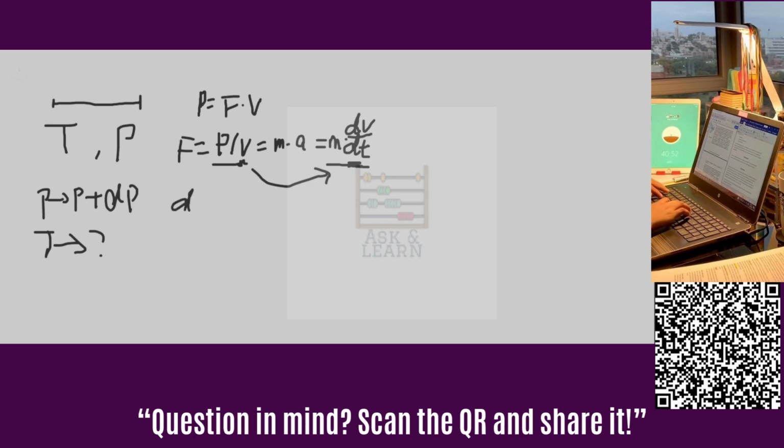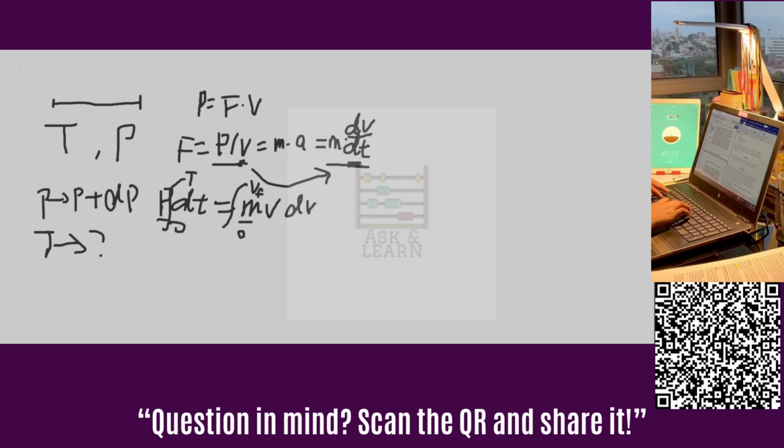And now come back to this relation, P over v equals m times dv over dt. Then we can move the v from the left hand side to the right hand side, and move this dt to the left hand side. Then we have the relation P times dt equals m v dv, right? In this relation, P is a constant and m is a constant, and we can do an integral on both sides.